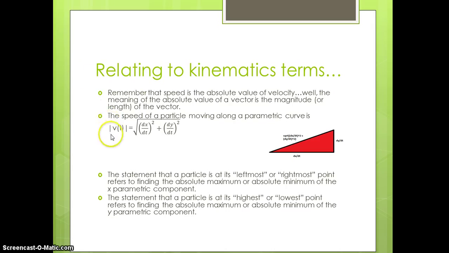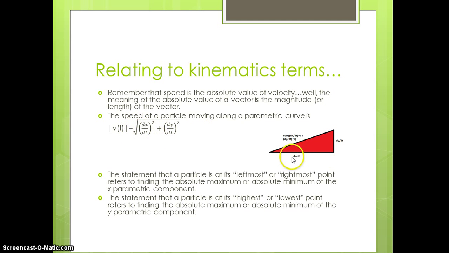And what we're finding when we're finding the absolute value of the vector v of t is we're finding the speed. In our case, the speed will just be the square root of the sum of the squares of each component: the component of our x velocity, which would be dx dt, and the component of our y velocity, which is dy dt.